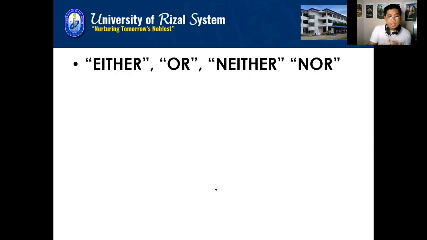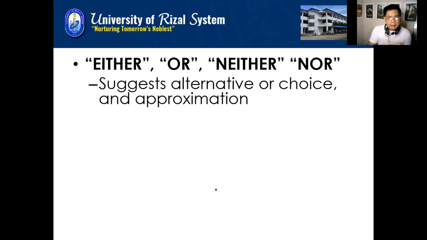Either...or, neither...nor, or just "or" and "nor" suggest an alternative or choice. If you're using either...or, it suggests a choice or alternative. However, if you're using neither...nor, it means none of those subjects in the sentence.